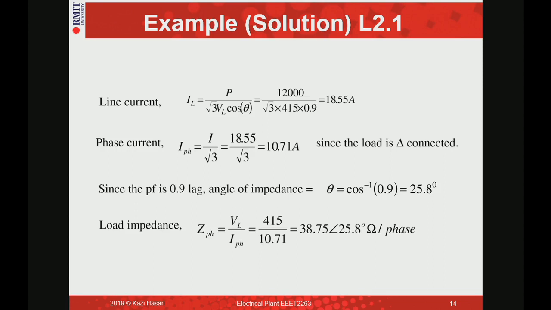The formula we have derived was for Y connected circuits. And this problem is a delta connected circuit. I thought they use the same formula for the current. Yeah. At the end, the formula is the same.